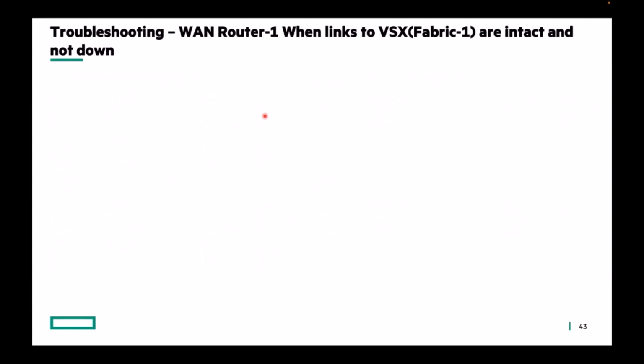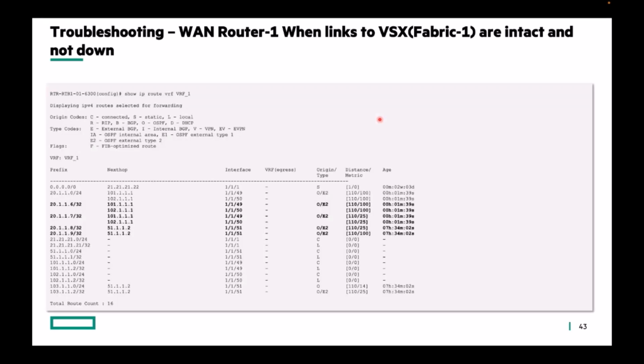Further down, WAN router 1, when links to VSX Fabric 1 are intact and not down, right? So when the links between the Fabric 1 border VTEP VSX system and its own router are intact and there is nothing to worry about, on the WAN router you would find that everything is seamless.